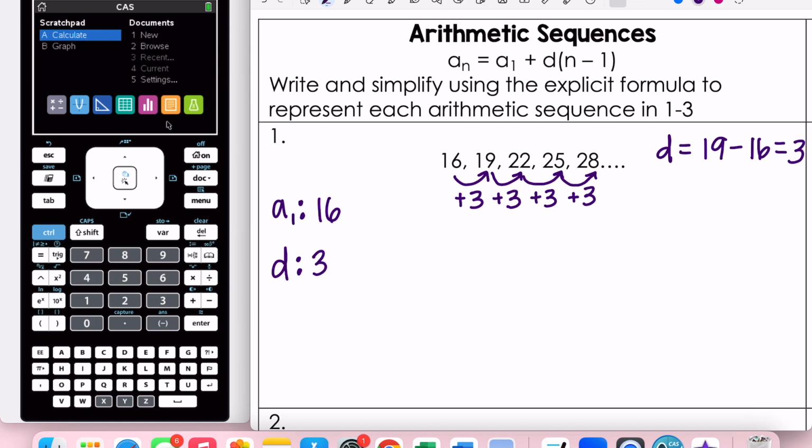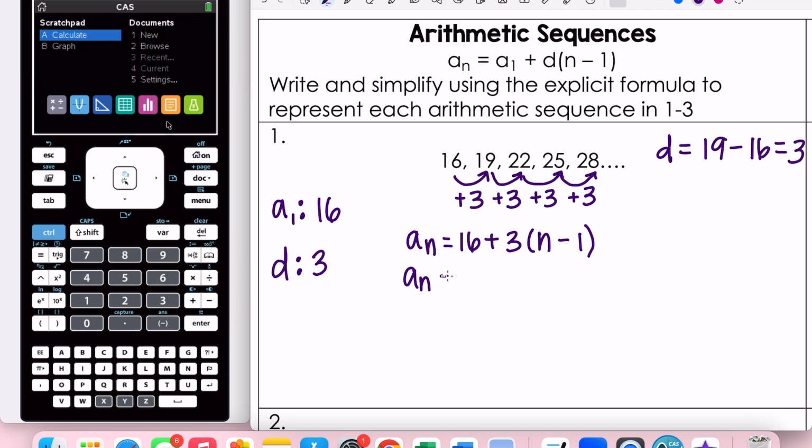Now that I have found my initial term and my common difference, I'm going to plug that into the formula. So I have A sub n equals my initial term, 16, plus my common difference, 3, times n minus 1. Now, guys, we're not done here. I have to simplify. Just like solving anything, our first step is to distribute.